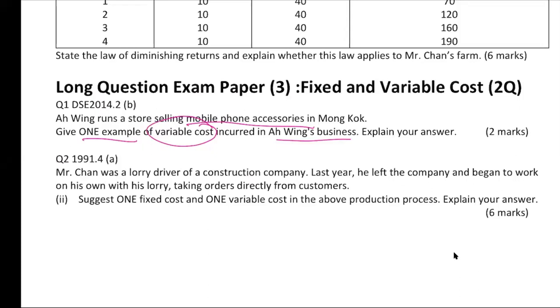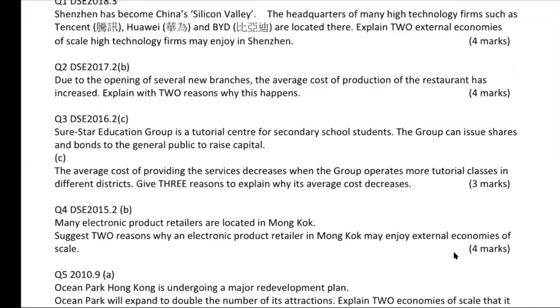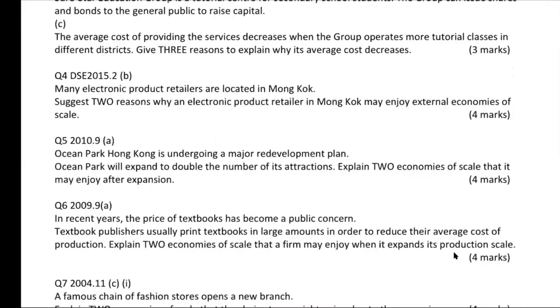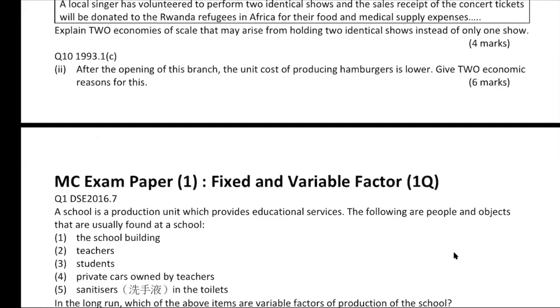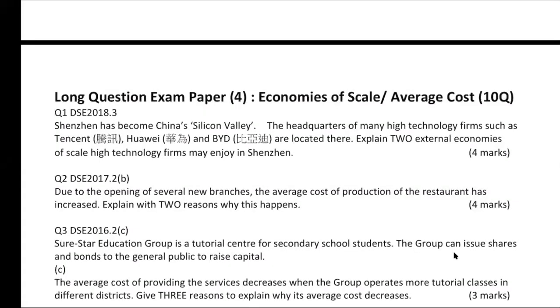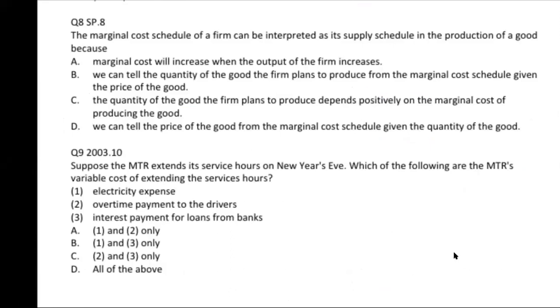So be careful, that's why I mentioned this. For the economy of scale, I think I no need to go through this with you, you just use this question as practice. I'll bring a highlighter for the exam to make sure. Okay, so that's all.